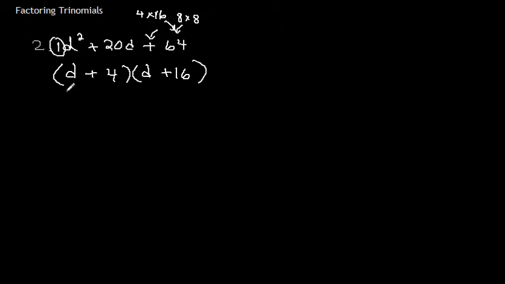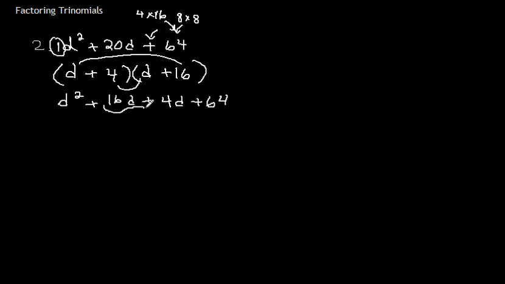So we check it. We FOIL it. The first term, d times d, is d squared. The outer term is 16d. The inner term is 4d, and for the last term, we know 4 times 16 is 64.